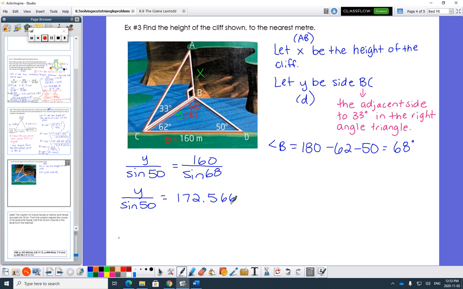Okay? So now we need to multiply. And again, maybe you are noticing that this is the same thing sort of over and over again, and you can do it all as one step. That is totally fine, okay?